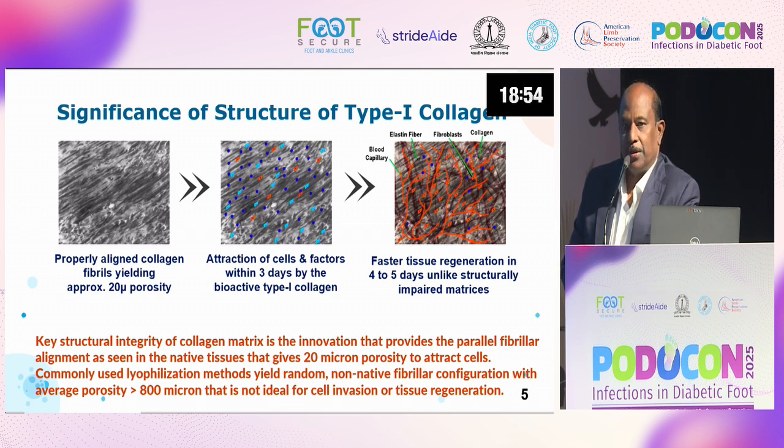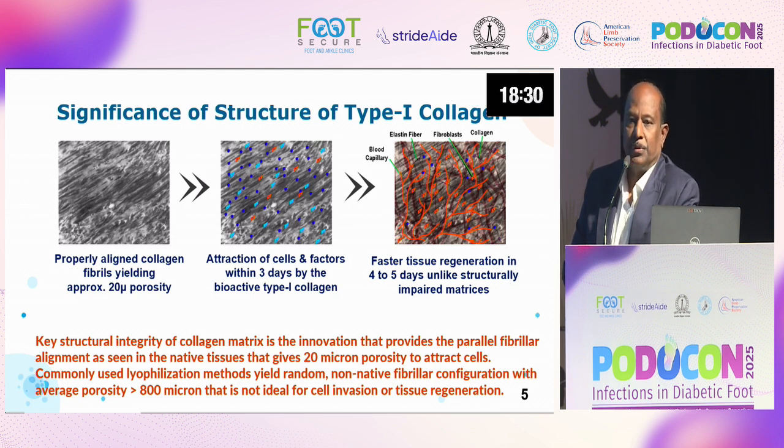The pore size of the collagen fiber structure is about 20 microns, which is equivalent to the skin collagen structure, which is very essential for the infiltration of cells. Okay, this is one important thing.